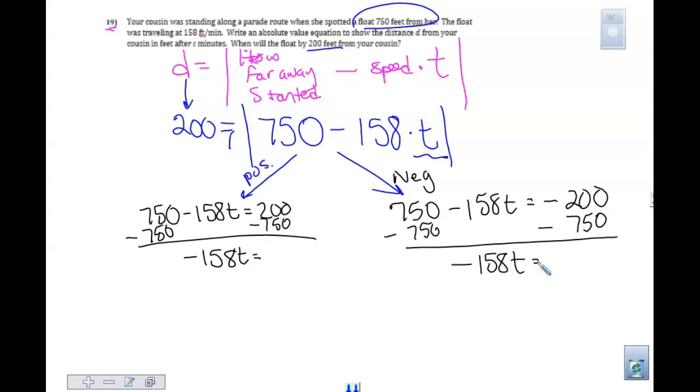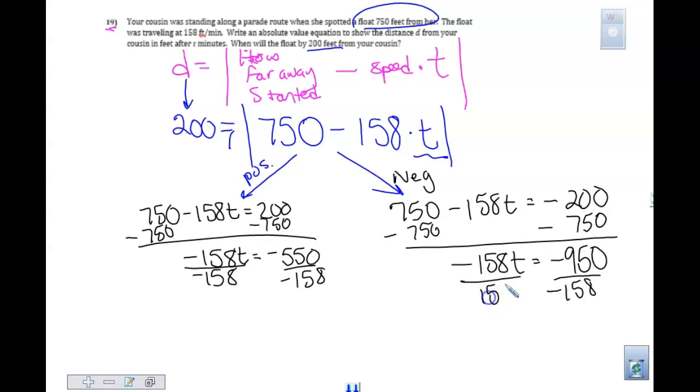We're going to take negative 550, which makes sense, right? They should both be negative because now I'm going to divide by negative 158 on both sides. If I look at that second one, Griffin, what am I looking at? When I subtract 750 from negative 200, I get negative 950. Again, I'm going to divide by negative 158. The time should come out positive, right?